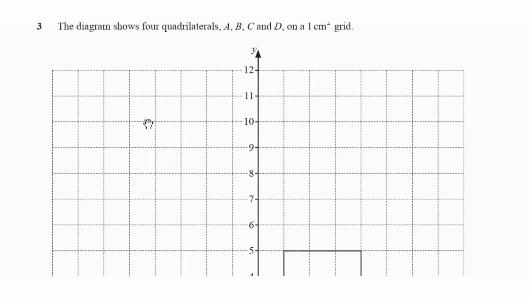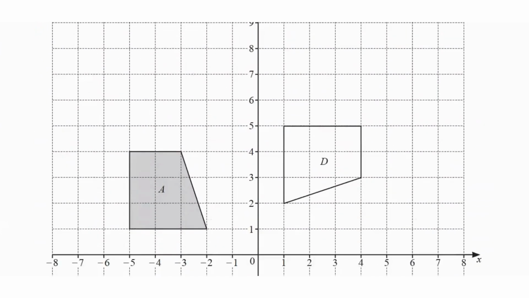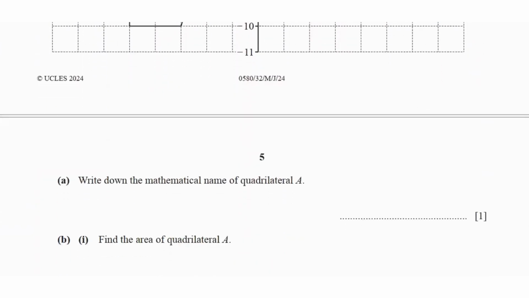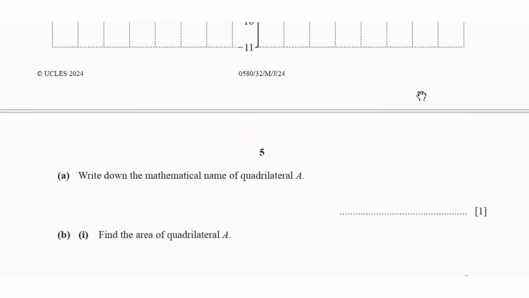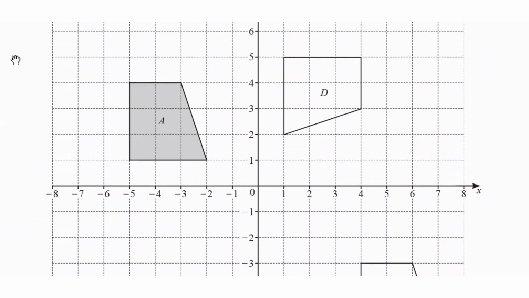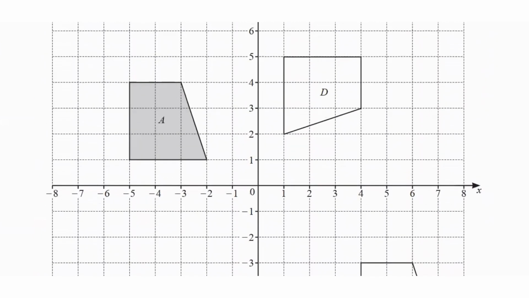Question 3 says diagram shows 4 quadrilaterals A, B, C, and D on a 1 centimeter square grid. So these are your quadrilaterals. Write down the mathematical name of quadrilateral A. So if you look at quadrilateral A, we can see that we have 2 parallel sides over here and 2 non-parallel sides.